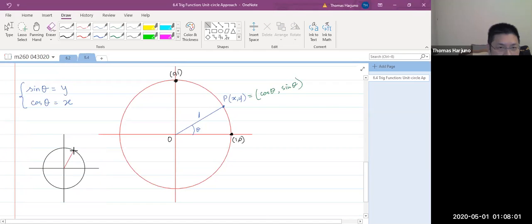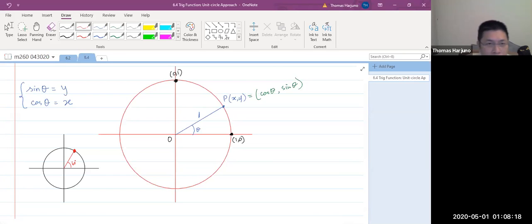So I have angle 60 degrees here. Then, according to that theory, we know what the coordinate is right away. If you know the angle, you know the coordinate. If you know the coordinate, you know the angle. Actually, the emphasis will be that if you know the angle, you will know the coordinate.